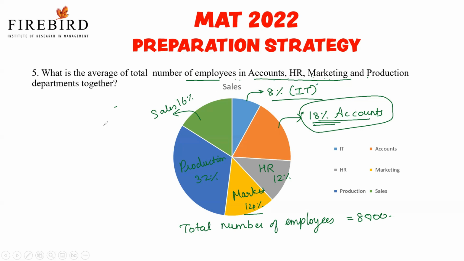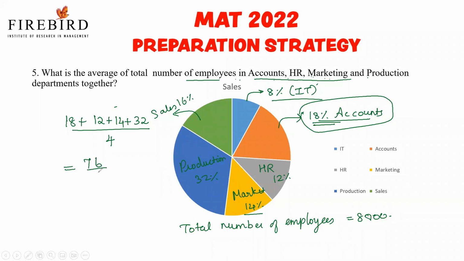Average. So what you can do is in accounts, we have how many percentage? 18 percentage. In HR, we have 12 percentage of the employees. In marketing, there are 14 percentage, and in production 32. So in 4 departments, if you want to take average, divide by 4. So what is 18 plus 12 plus 14 plus 32?